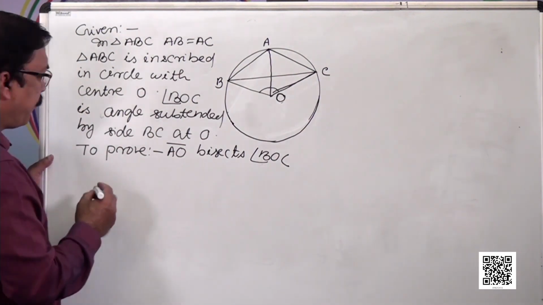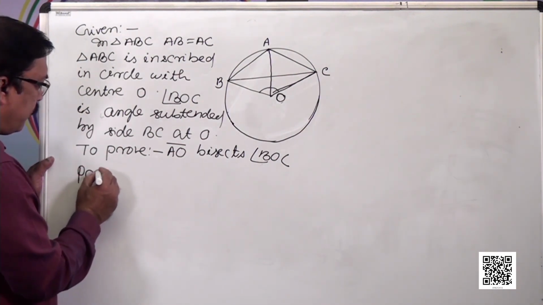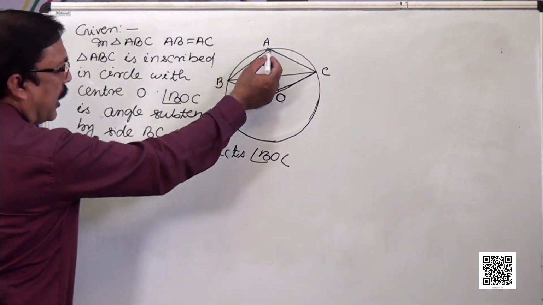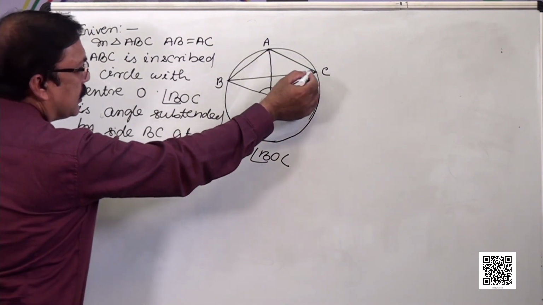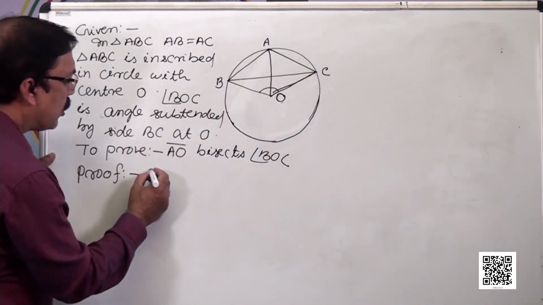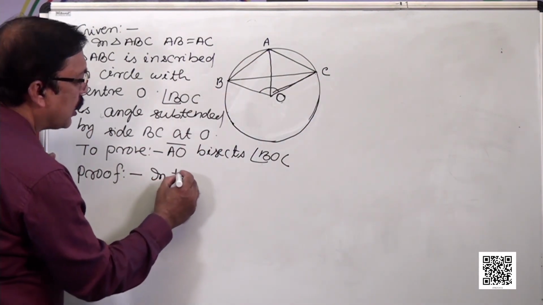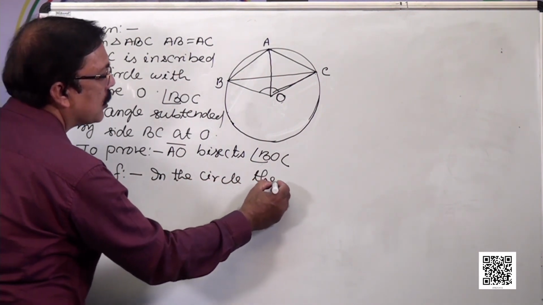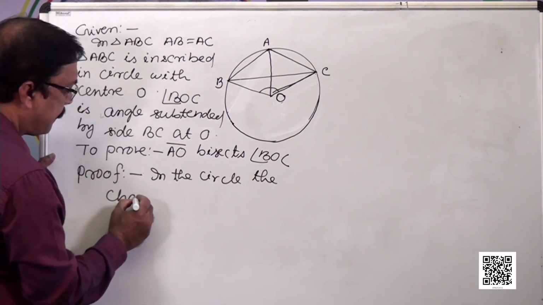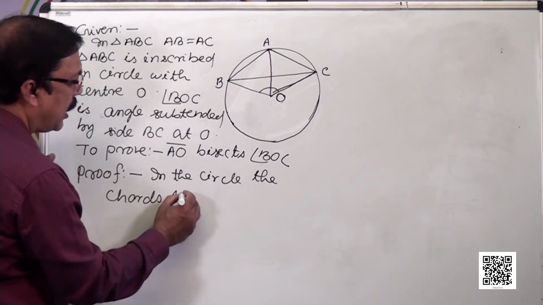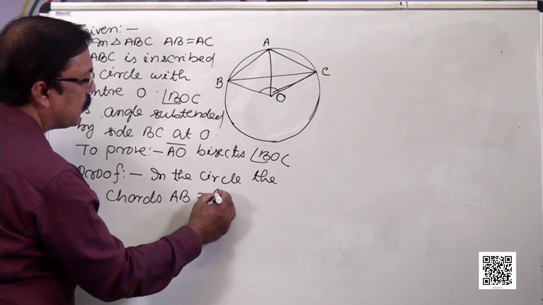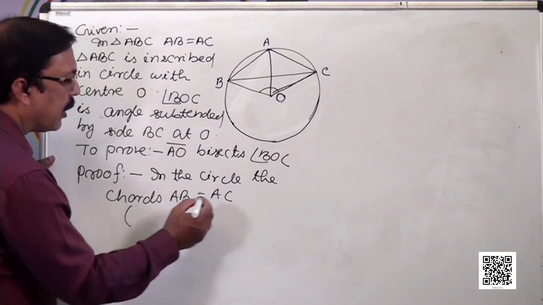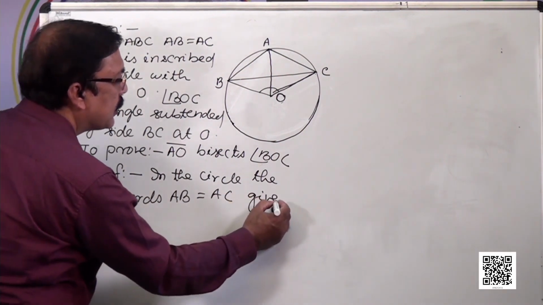Now you see the proof. See, AB is a chord and AC is another chord. So the chords in the circle, AB is equal to AC. Why? This is given.